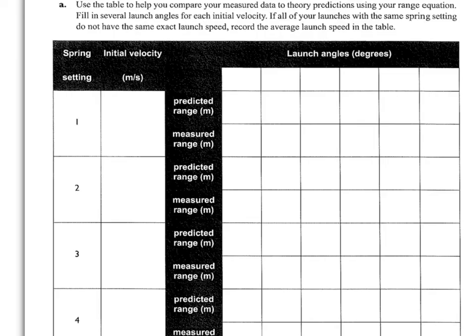On this page, you're going to move your data over, and you'll have your launch angles across the top. So for example, if you use the ones I talked about, 20, 30, 40, 50, 60, and 70, then you can figure out the initial velocity, which is the diameter of the marble divided by the PhotoGate time. That goes right in here. And the bottom row is your measured range. So right here, this is all data.